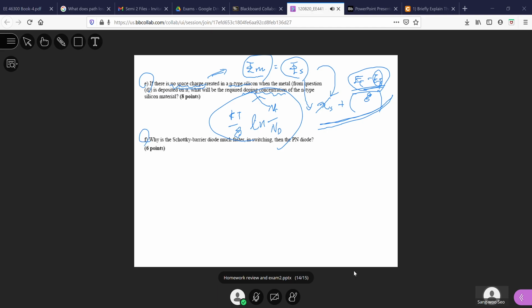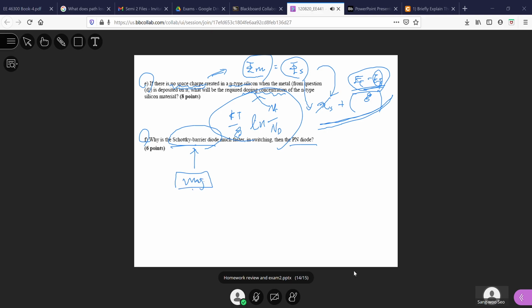And then F, this one: the Schottky barrier diode is much faster in switching than the PN diode, as we discussed in the class. The reason is that the Schottky barrier diode is based on a majority carrier device.